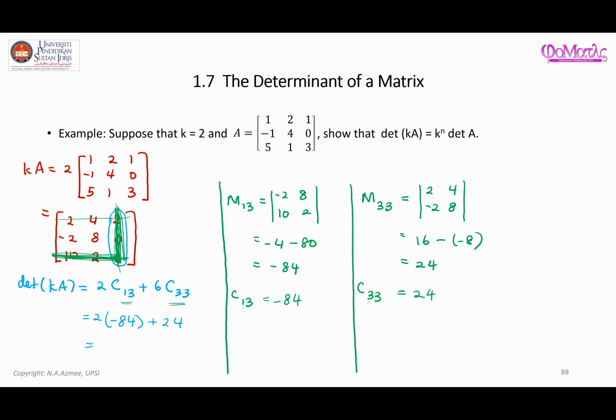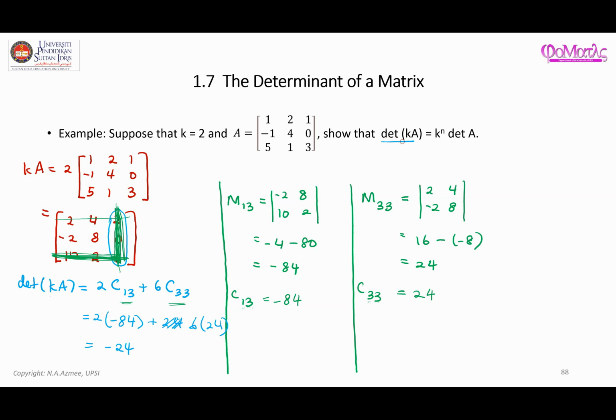Sorry, not 24, plus 6 times 24, yeah? Again, let us do this. So 2 times -84 plus 6 times 24 is -24. So that's the determinant of K times A matrix.